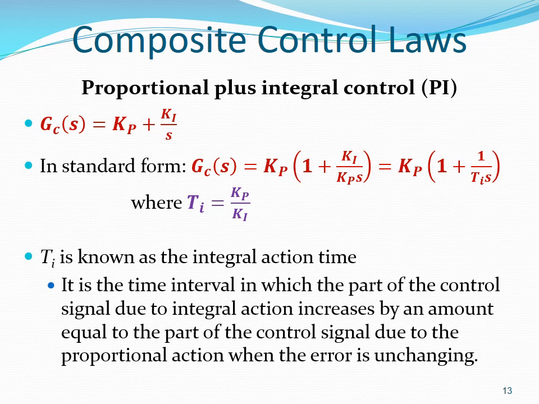This is equivalent to Kp(1 + 1/(Ti s)), where Ti equals Kp over Ki. Ti is known as the integral action time. I will task you to go and find out why it is called the integral action time.